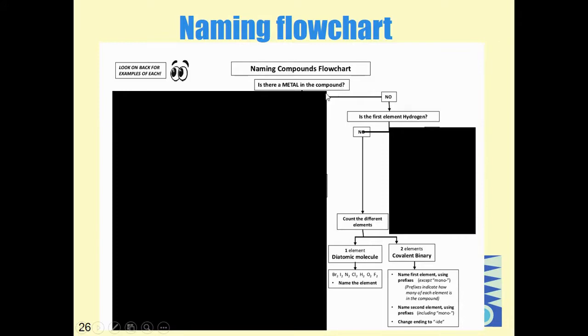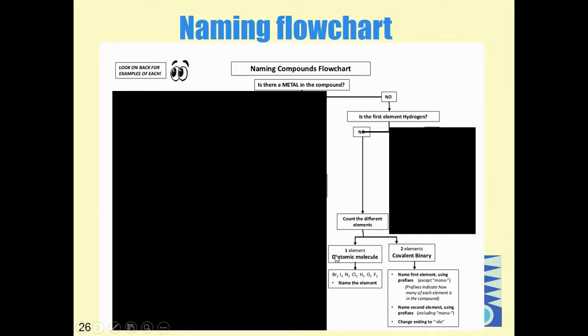I'd like you to write, is there a metal in the compound, or NH4 plus? Okay, is there a metal or NH4 plus? And you're going to say no. Then it's going to say, is the first element hydrogen? In this case, no. If it's hydrogen, it would be an acid, and we'll do that later. No. Now we're going to count the different number of elements.